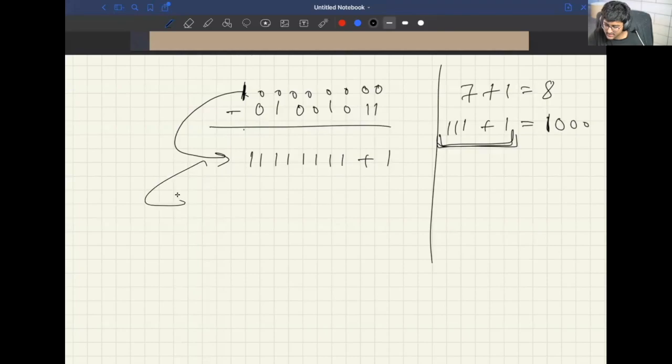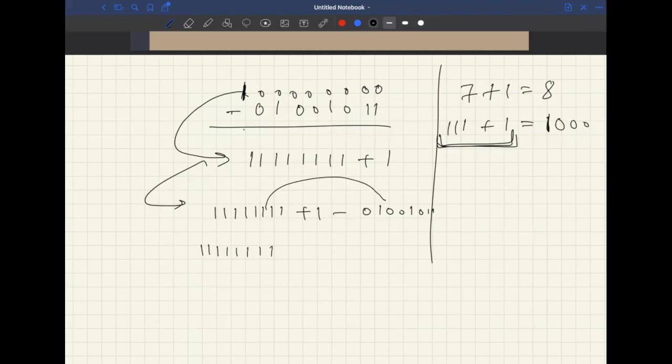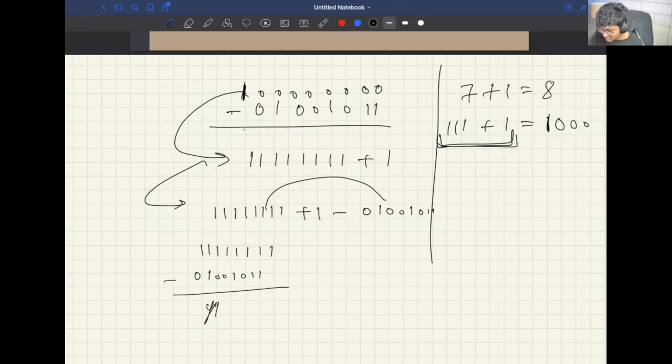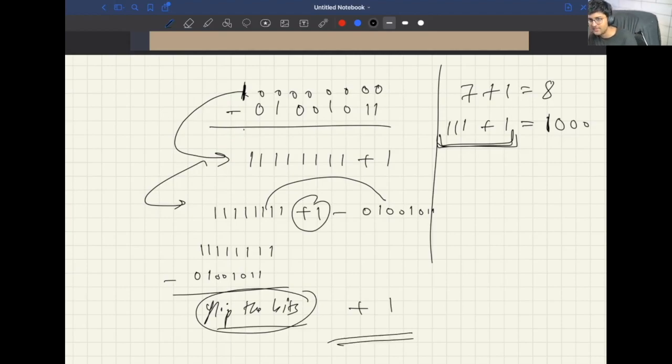So now our answer is reduced to this. This is the first step. Isn't this the same as flipping the bits? This is the next step. Whatever answer you get, +1. This is the reason 2's complement works when we are taking negative of a number. Okay, too much theory. Now let's move on to the good part.